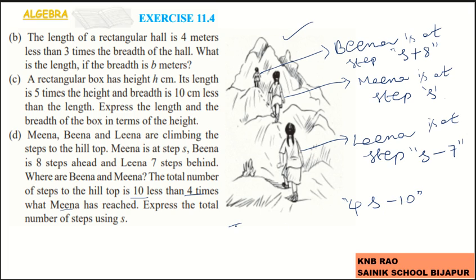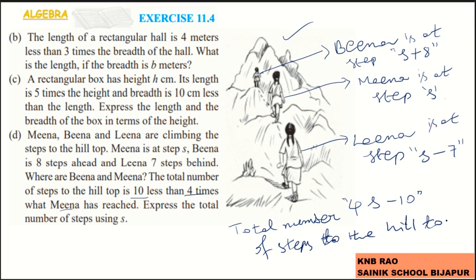So this will become the total number of steps to the hilltop. So the total number of steps to the hilltop is 4s minus 10. So we have already expressed it. If you actually read the question and start thinking of the figure in terms of that question, you'll get everything that is required to be done. Okay, children?